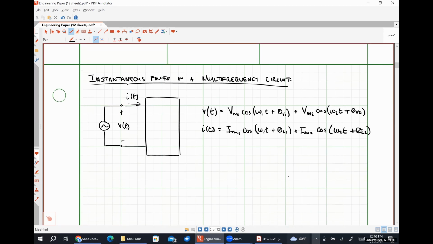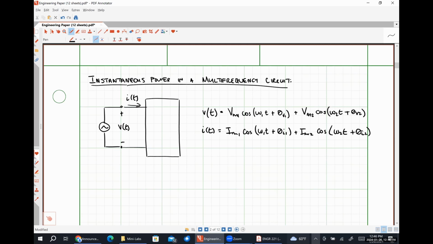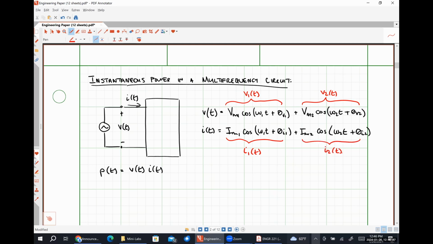The instantaneous power for our network is still going to be the product of our voltage waveform and our current waveform. And to make my life a little bit easier, I'm going to break things up. So I'm going to call this V1, this guy here V2. This guy down here will be I1, and this guy down here will be I2.